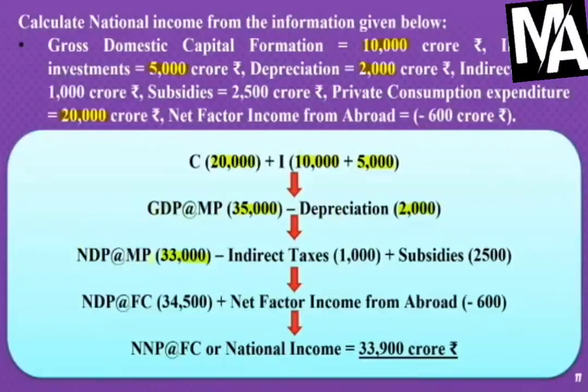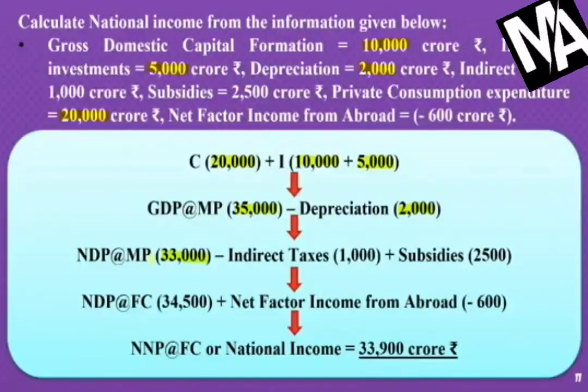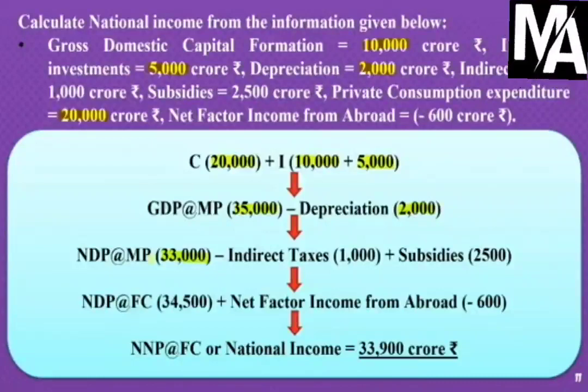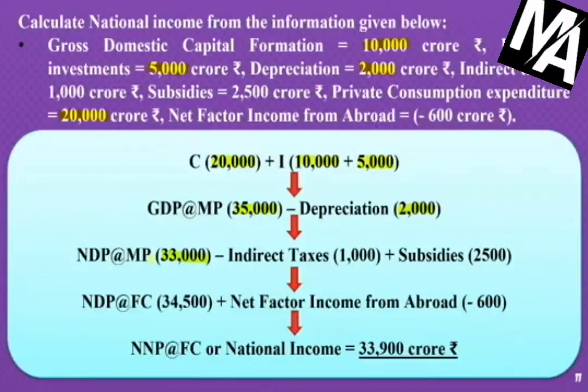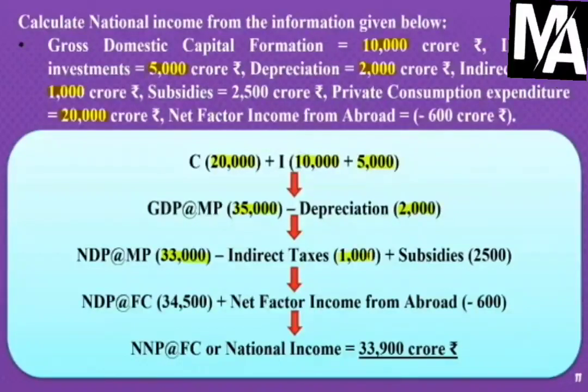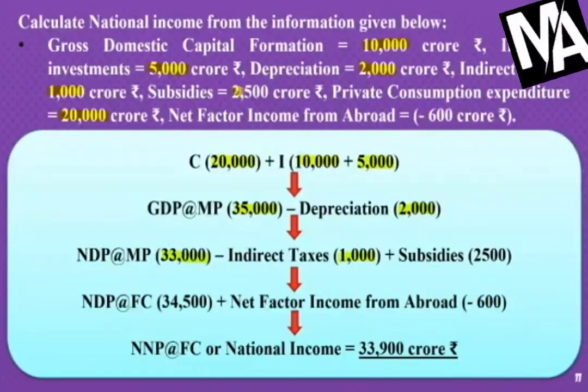The next step is minus net indirect taxes. As I explained in the previous slide, we have minus indirect taxes plus subsidies as the formula. So we'll take minus indirect taxes, that is 1,000 crore rupees. We can write it here neatly. And then we have subsidies at 2,500 crore rupees, which will be added here.